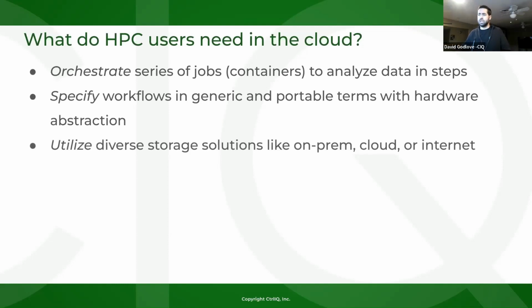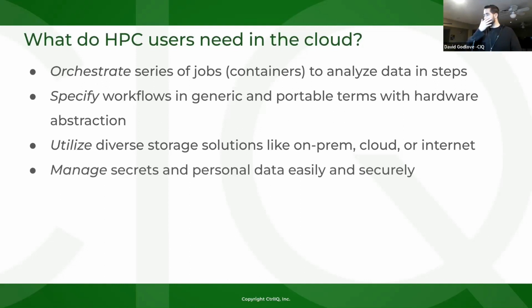We need to be able to utilize diverse storage solutions like on-prem storage, maybe S3 cloud storage buckets that you've got in different places, or maybe just things that are kind of lying around the internet in different places. We need to be able to pull them together with our compute and co-locate everything in the same place virtually, in our job.